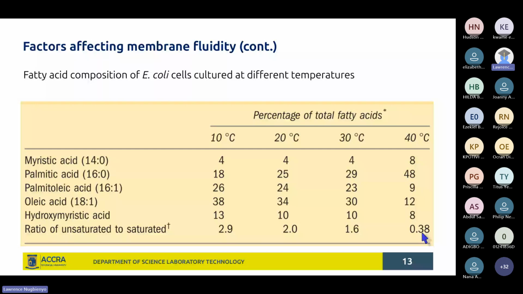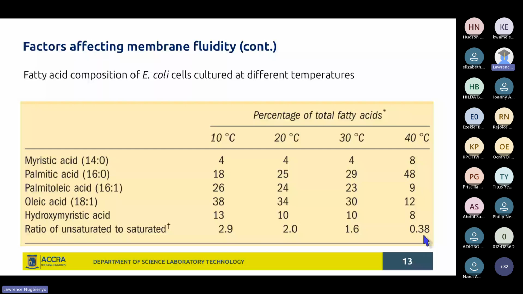And so that is why you have the value decrease, because more saturated fatty acids means the denominator will be greater, and that will make the ratio less. And so you see, as the temperature increases, the ratio decreases.